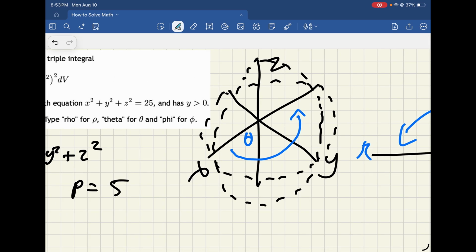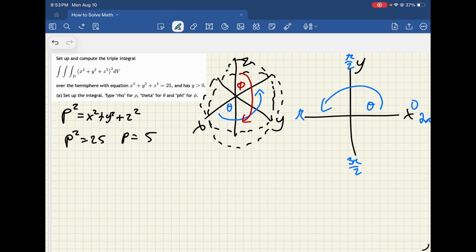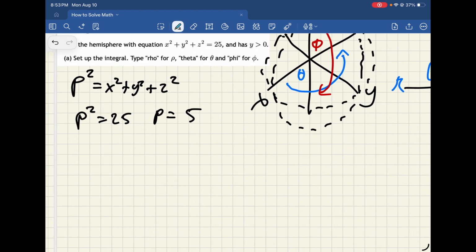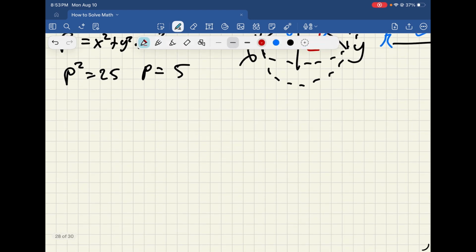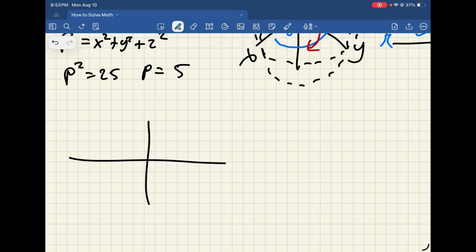Similarly, phi, which I'm going to draw right here, is going to go from 0 to pi. That looks really wonky, so let me draw this in a 2D graph where it will be much easier to understand. So let's say we have z right here and we have y right here. Again, y has to be greater than 0.